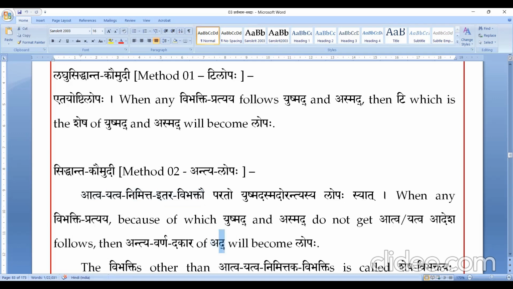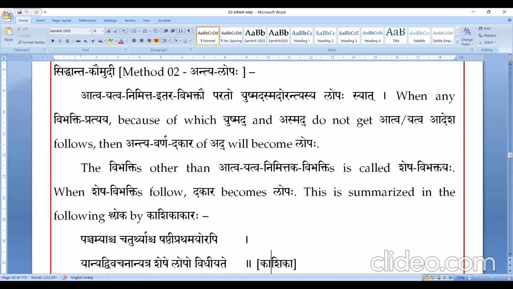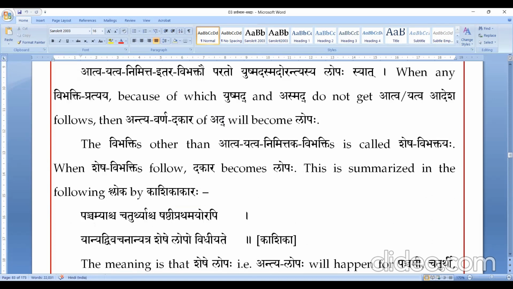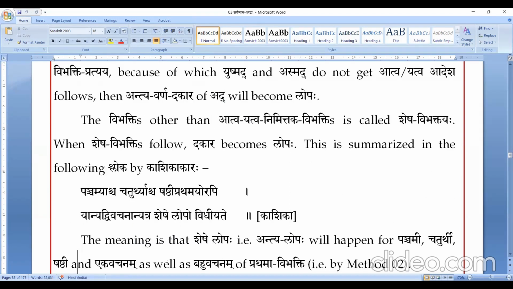This is the Siddhanta Kaumudi. Whereas the Laghu Siddhanta Kaumudi takes Sheshe to mean what is left out after Ma Paryantasya, the Ad, which becomes Lopaha. Then there is a shloka which the Kashika summarizes: Sheshe Panchamyascha Chaturtyascha Shashti Pratamayo Rati Yanyad Dvivachananyatra Sheshe Lopa Vidiyate.